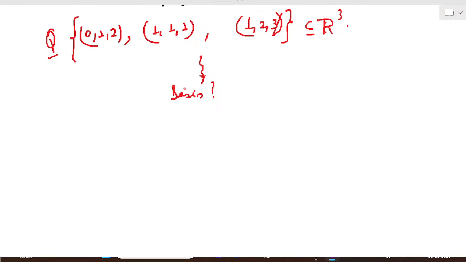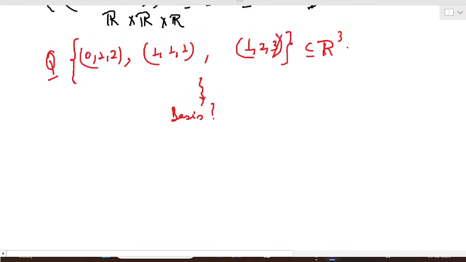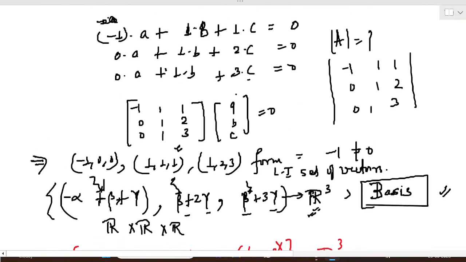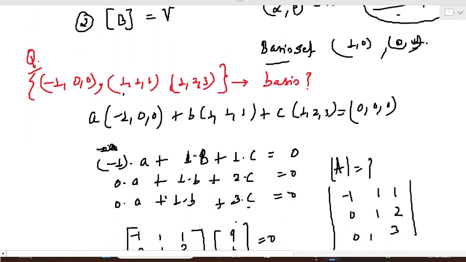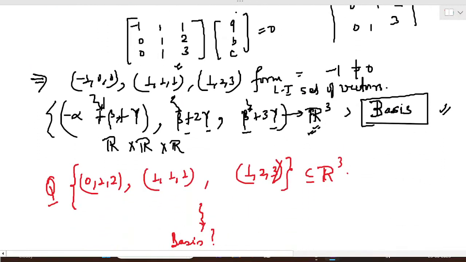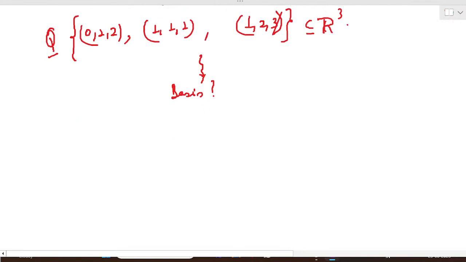Okay, first and third are linearly dependent, right? So this is okay. So what you can do, in order to see this, you can just go and write this.